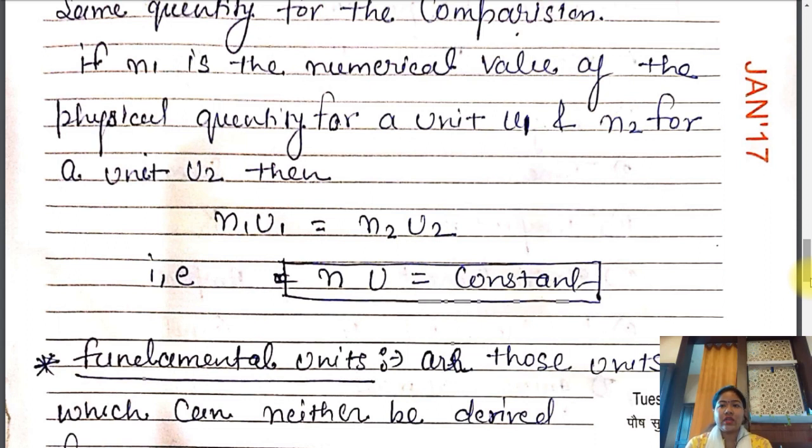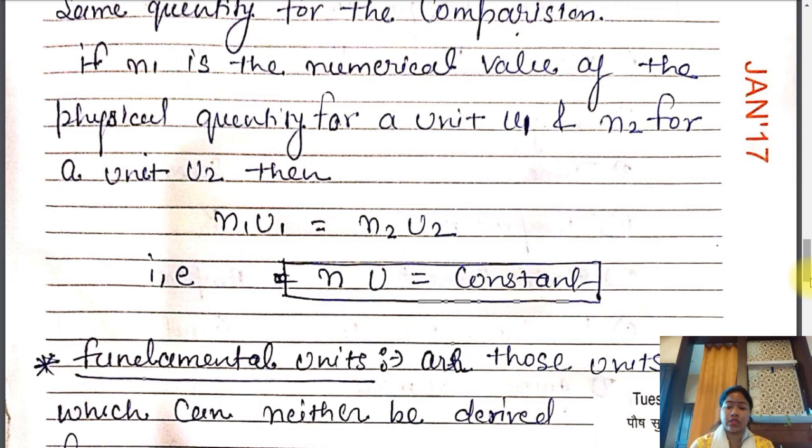So in class 11 we simply classify physical quantities into two categories. First, fundamental physical quantities and their units, and second, derived physical quantities and their units. So what is the difference between fundamental physical quantities and derived physical quantities?